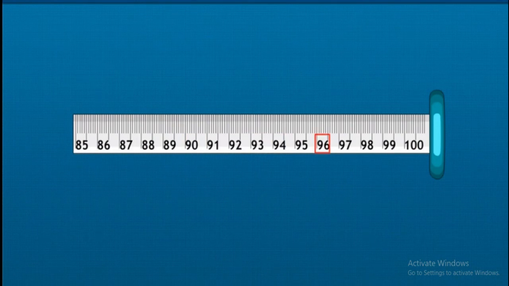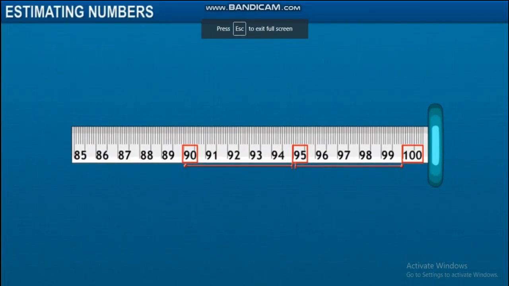The numbers 96, 97, 98 and 99 are closer to 100 than to 90. So we round off 96, 97, 98 and 99 as 100. 95 is equidistant or at the same distance from both 90 and 100. Therefore, as a common practice, 95 is rounded off as 100.